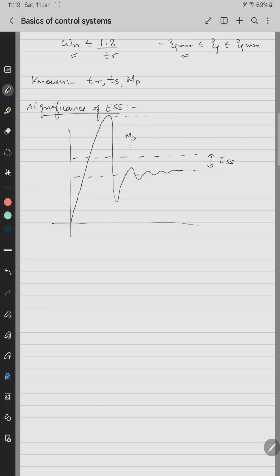This will be overshoot. This is the steady state value. This should be y star, and this is y of t, and this is t. Rise time and all, you know. So basically this will be 0.9 of y star, this will be 0.1 of y star. This will be rise time, and this will be settling time somewhere here.